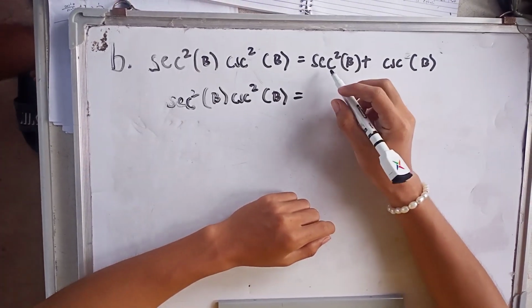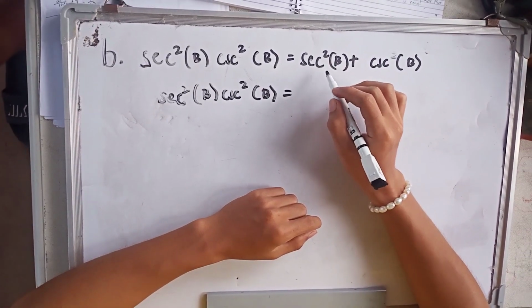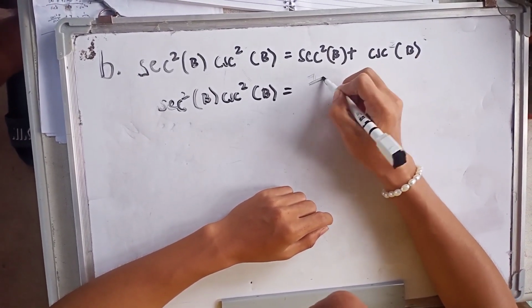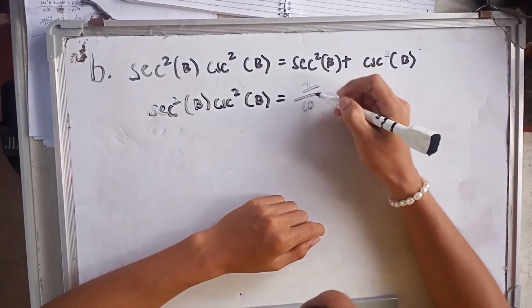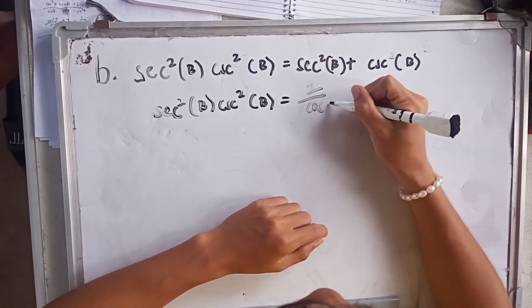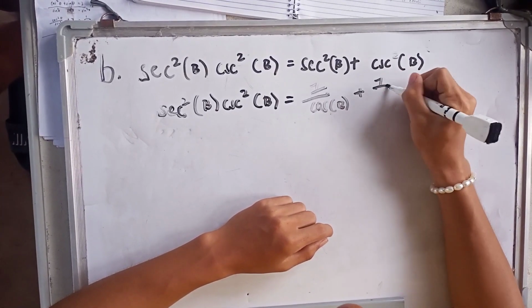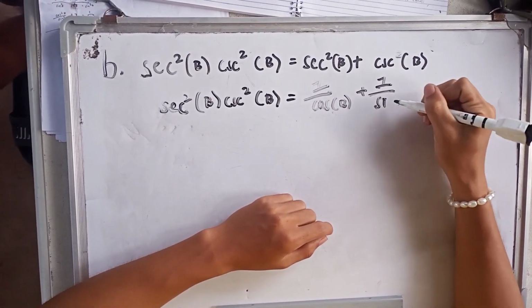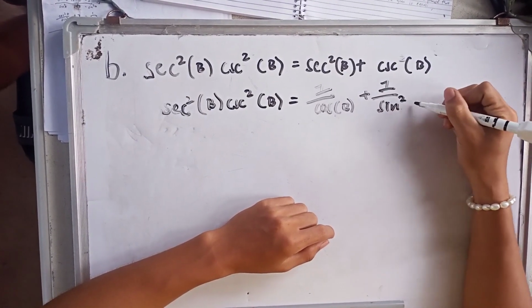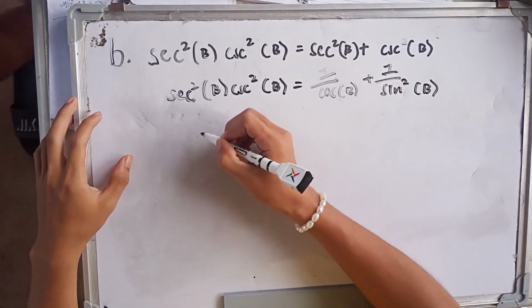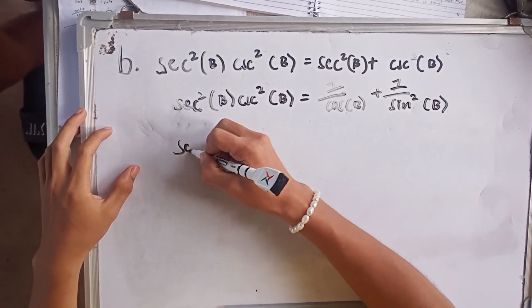So the reciprocal identity of secant squared theta is 1 over cosine squared theta, plus 1 over sine squared theta. Then copy the first equation.